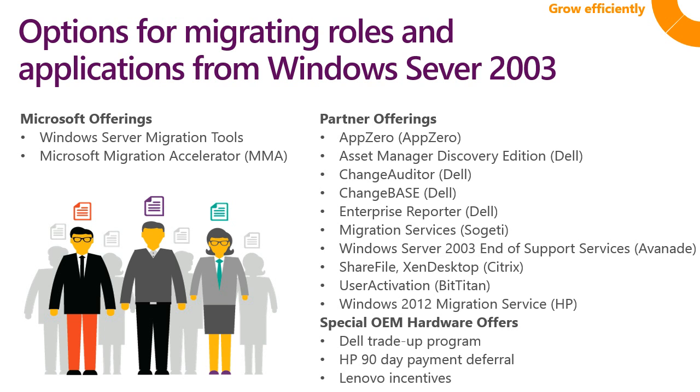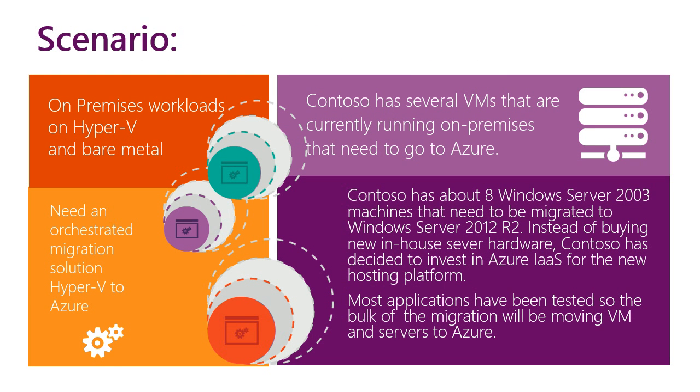You'll also see that some of the OEM vendors do have special offers around servers, etc. And even if these aren't the vendors that you're working with, even if you're building your own servers, for example, it's probably a good idea to think up some good solutions and some good bundles that you can promote to your customers to really help drive this Windows Server 2003 migration conversation as early as possible.